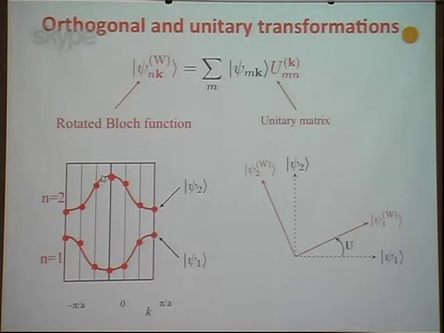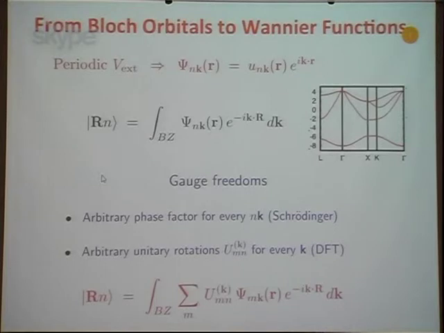That is exactly, in a Cartesian representation, like saying I have two vectors and I change my representation with an orthogonal transform in case of real space, or a unitary transform. So black psi1 and psi2 are my original eigenstates, and the unitary matrix is changing them into the red psi1w and psi2w. So this is the most general gauge freedom that I want to have.